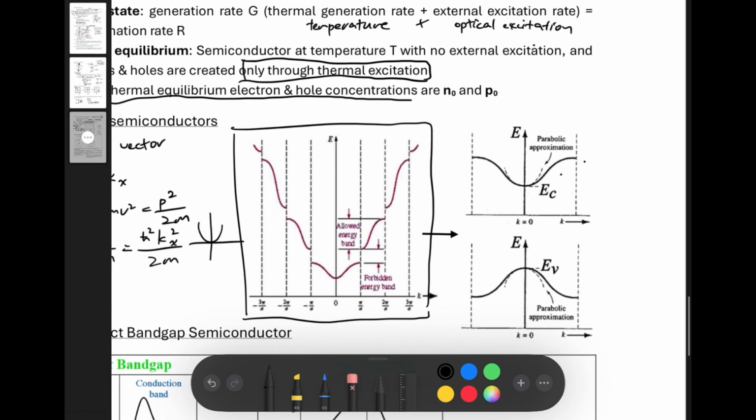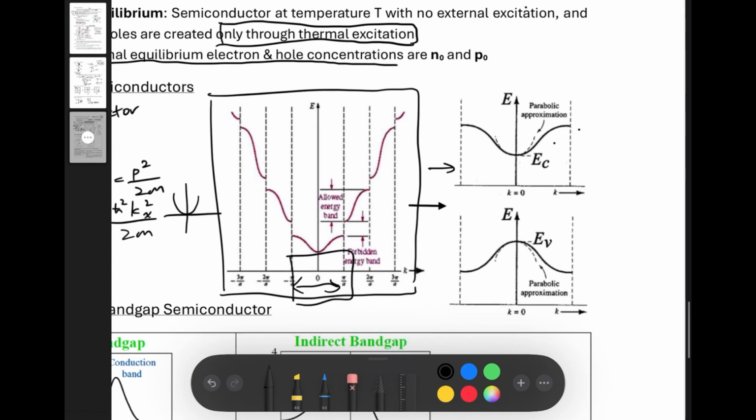From the EK diagram here, this is the reduced K space. Reduced K space means we only look at one interval here instead of all of them. For example, the reduced K space here in the conduction band is here. And then this curve is actually really complex, so we take a parabolic approximation at the lowest point of the conduction band.